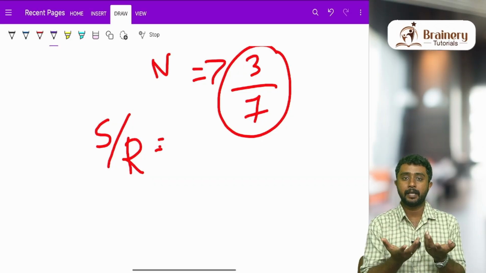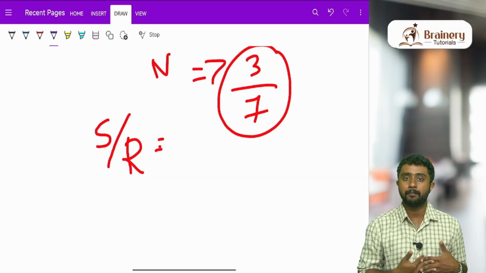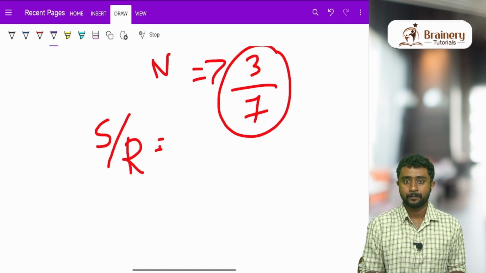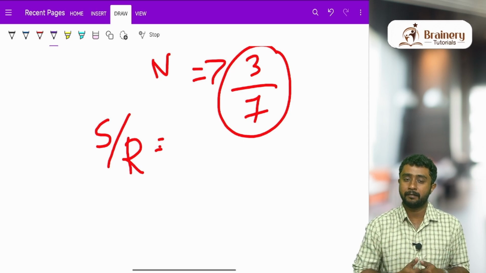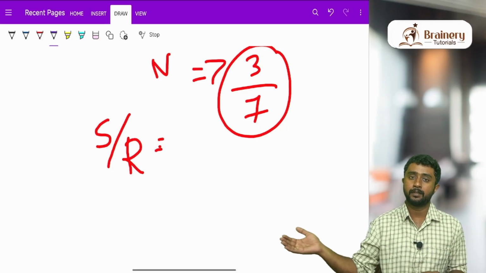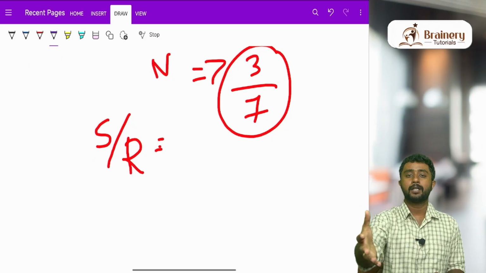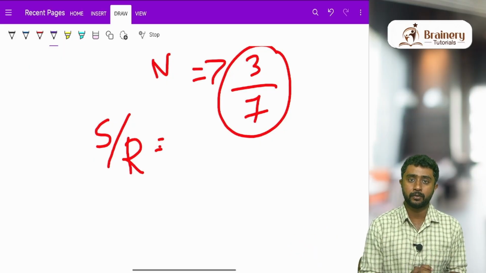Totally, we gave you 3 shares. How much will be remaining with me after I give 1 share? That remaining share will be my new ratio. Similarly, the next person has given 2 shares to you, so after removing that 2, whatever is remaining with him will be his new share.